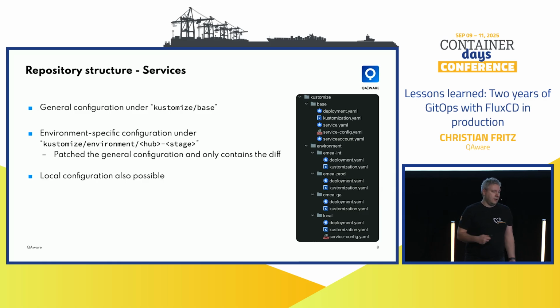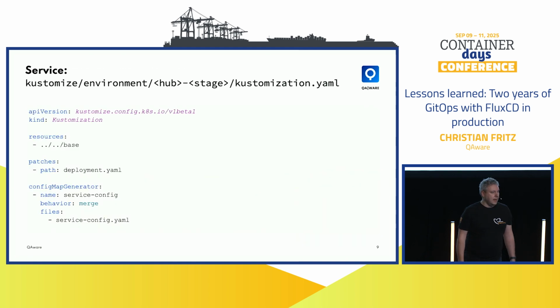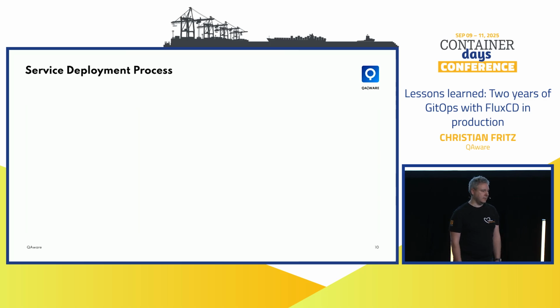Local configuration for our Tilt setup is also possible. Here is a short example of a customization which we use, and there is the link to our base layer of every service.